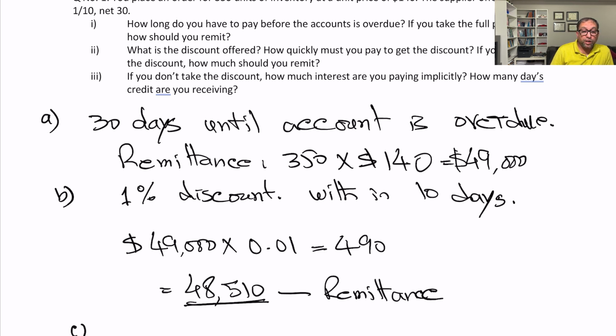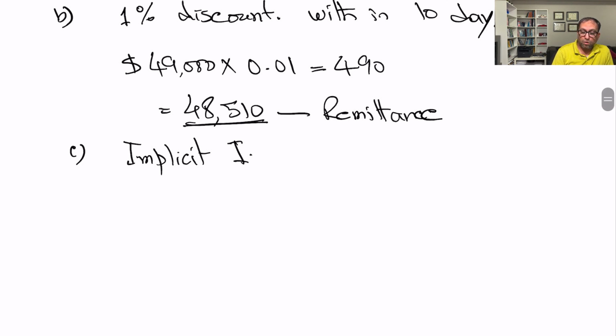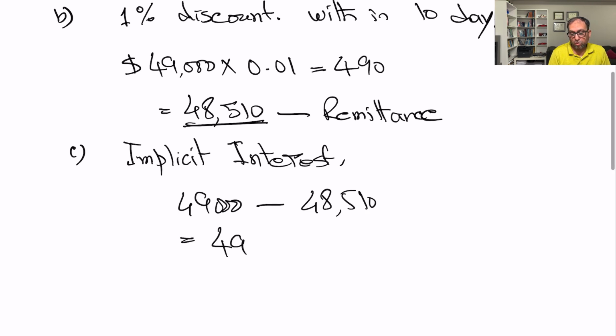If we are not taking advantage, we have to pay $49,000, but we would be paying $48,510, so we get $490 as our implicit interest saving.